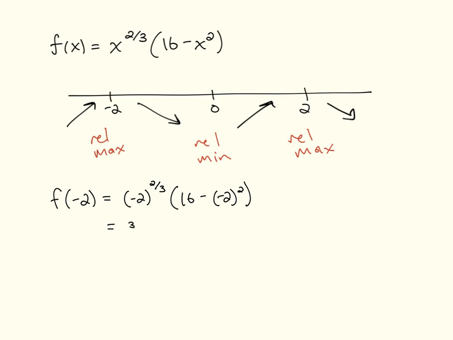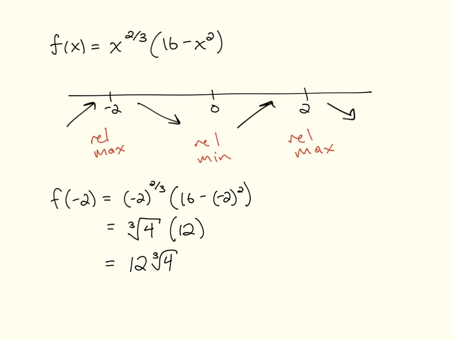the cube root of 4 times, this is 16 minus 4 is 12. And if we just rewrite that a little bit, that says 12 cube root of 4.